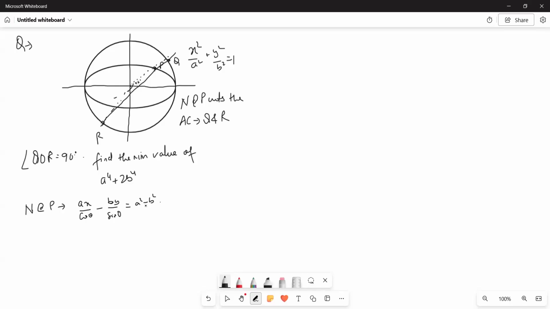Okay, but since homogenizing के लिए use करना है तो a square minus b square नीचे डाल देंगे. So 1 by a square minus b square into ax by cos theta minus by sin theta is equal to 1. And then we homogenize it with the equation of the curve. What is the equation of the curve? Auxiliary circle. x square plus y square equal to a square. Homogenizing.